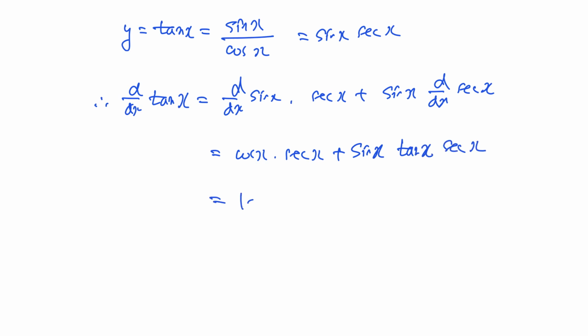So that is 1 plus sine squared x over cosine squared x, which is equal to secant squared x.